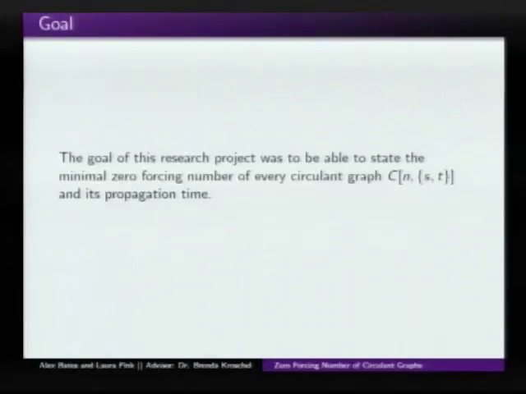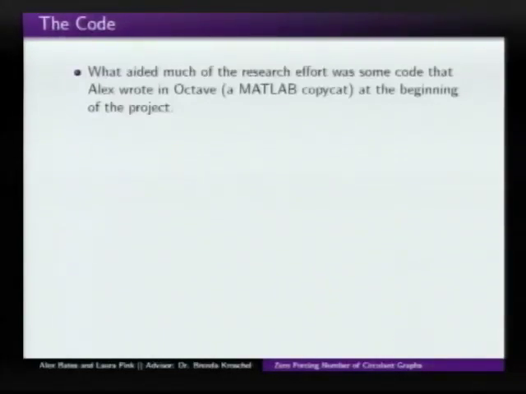So the goal of our research project this last summer was to be able to state what the minimal zero forcing number was for every graph defined on n vertices with connections S and T, and to say what its propagation time was. What aided a lot of our research effort was some code that I wrote toward the beginning of our project in Octave, which is basically the same as MATLAB, if any of you have used that.